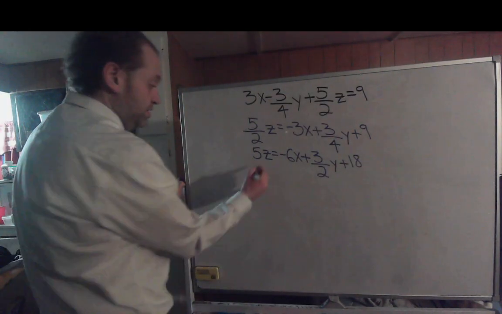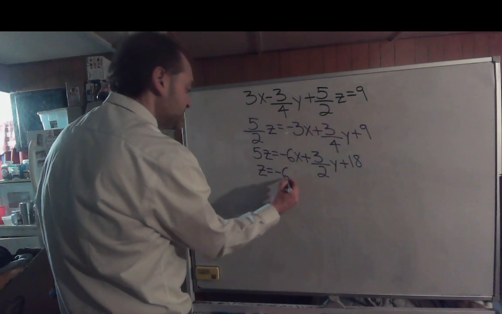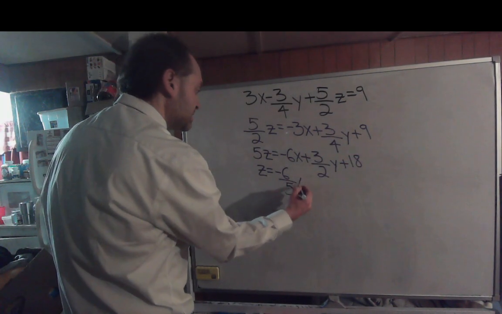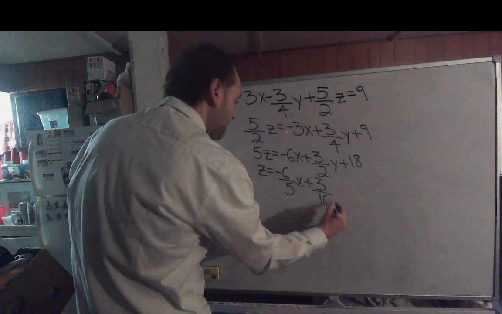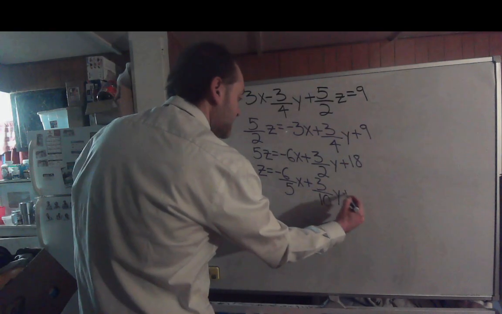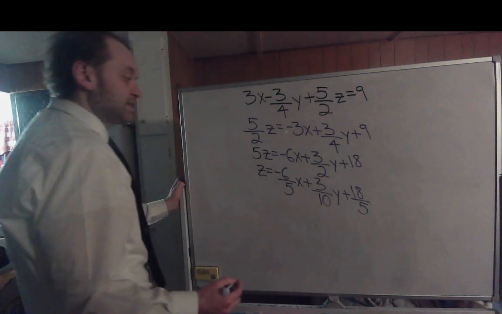And then solve for z. z would equal -6/5 x plus 3/10 y plus 18/5. Yeah, that looks a little hideous, doesn't it?